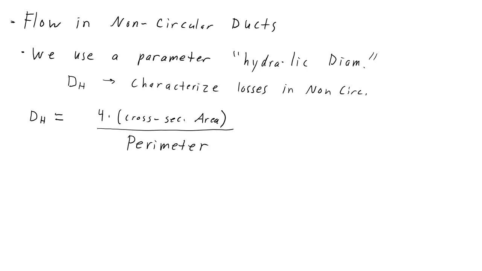And now, once you know the hydraulic diameter, you can still write the losses using the Darcy-Weisbach equation. You write V squared over 2g, times L, and instead of using the diameter, you use D_H.